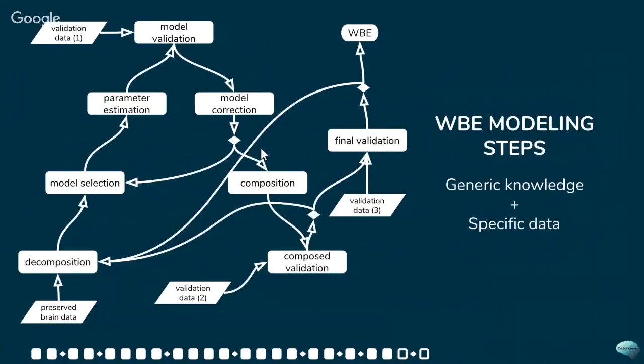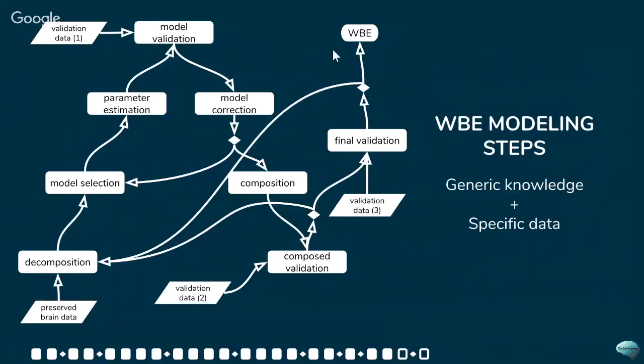The process involves at least these steps: something like decomposition of the whole into manageable parts. For each part, then, you have to do model selection for all of the dynamic components. And for each of those, you have to have kernels. Parameter estimation or optimization.